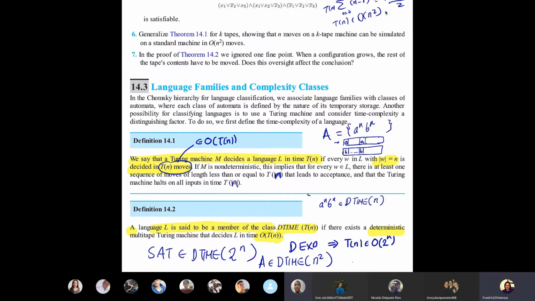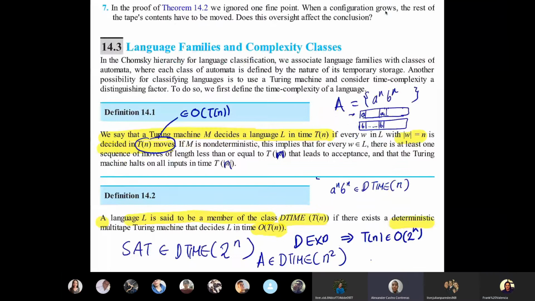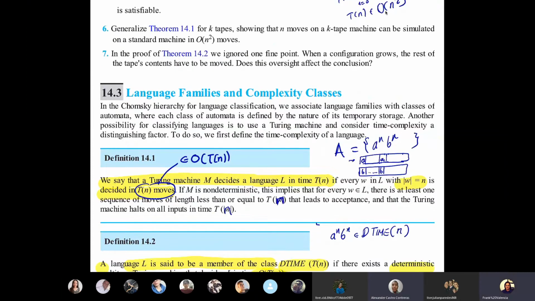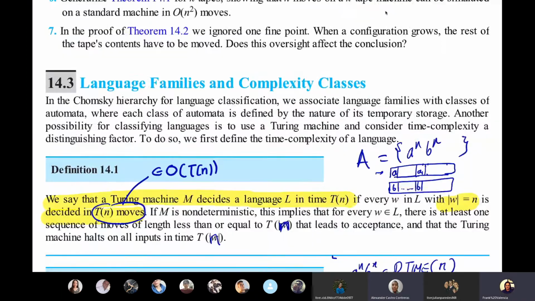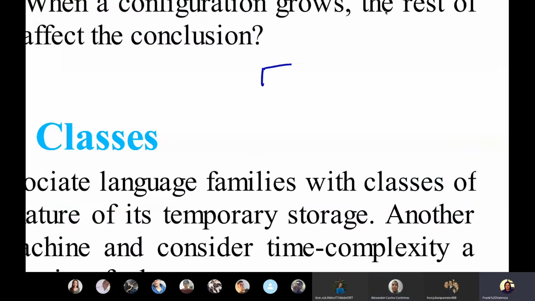Profe, cuando dice el tamaño n, ¿se refiere al tamaño de toda la cinta o al tamaño de, bueno, la cantidad n? In general in complexity theory, n refers to the size of the input.